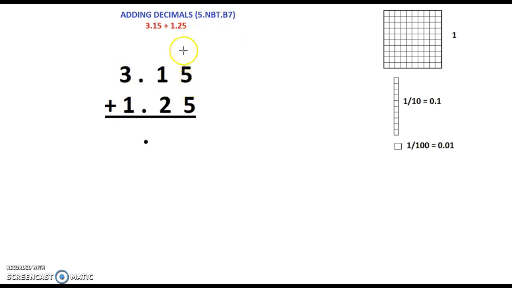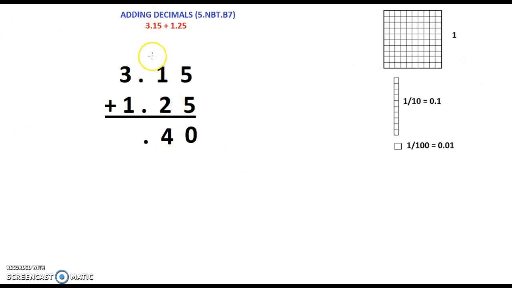Starting with our smallest piece, which is our hundredths, I have 5/100ths plus 5/100ths, and that gave us a total of 10 hundredths. We saw before that we were able to exchange that for a rod. So we really ended up with 0 hundredths. Let's just pop a 0 right here. Then we exchange those for a rod, and that gave us a total of 4/10.